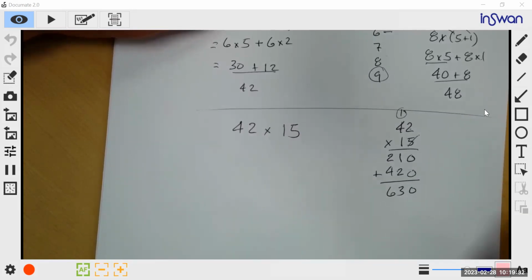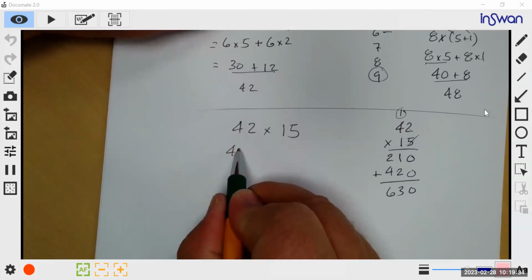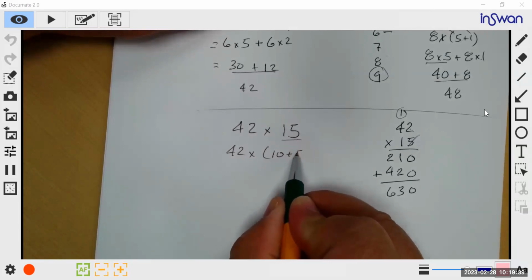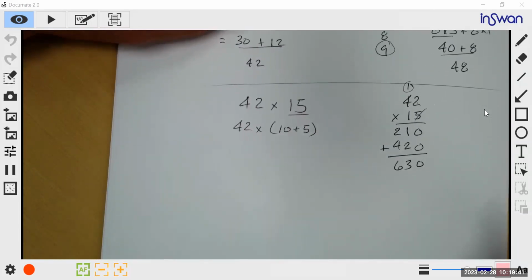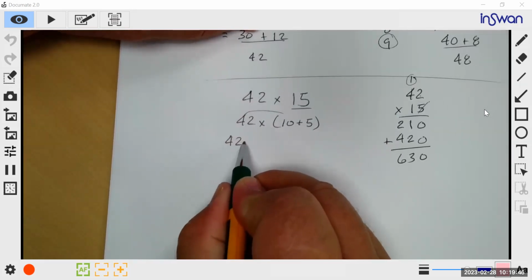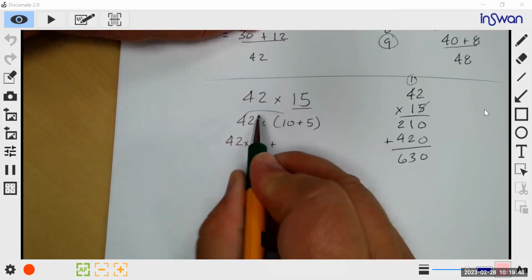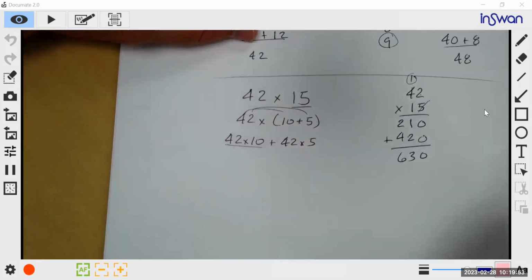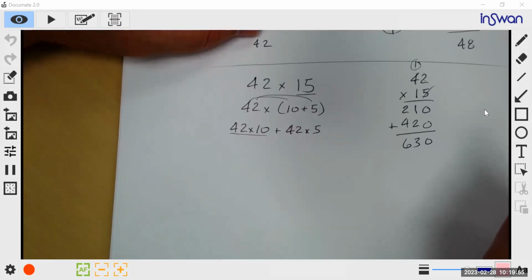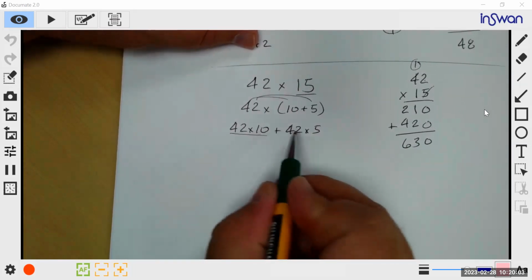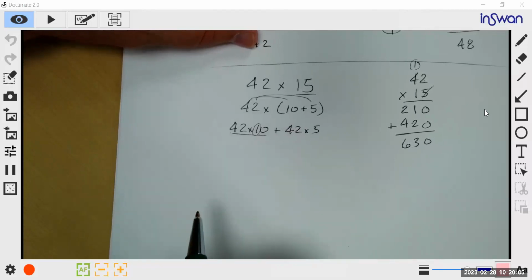There are other ways. 15 is 10 plus 5. So we do 42 times 10 plus 42 times 5. What is 42 times 10? You don't have to use pencil paper. You can do it in your head. Whenever you multiply by 10, 100, whatever, the first number is a 1, right?